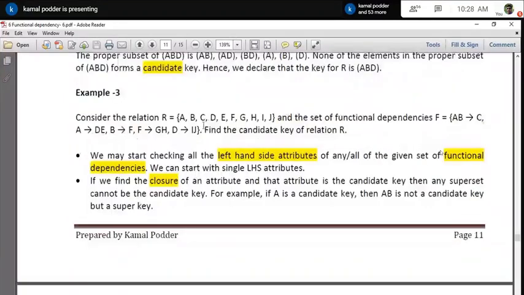Okay, that is, if you start with only a single attribute and find out that it is a candidate key, then any superset of this might be a super key but cannot be a candidate key.